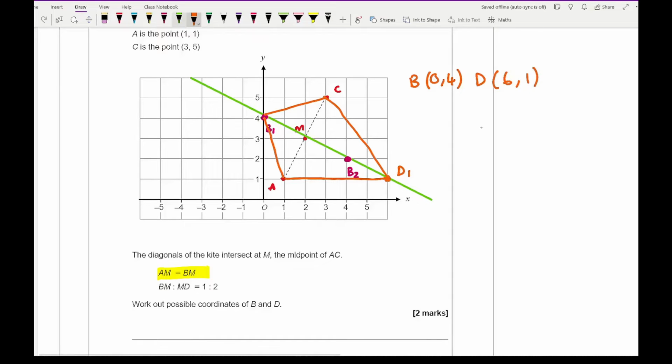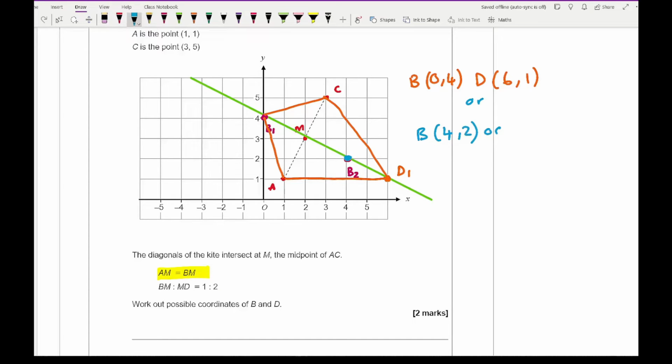Or, and there is an or, I could have this point here as B2, so I could have B at 4, 1, or I could have B2, 4, 2. So let me just write that as a 2.